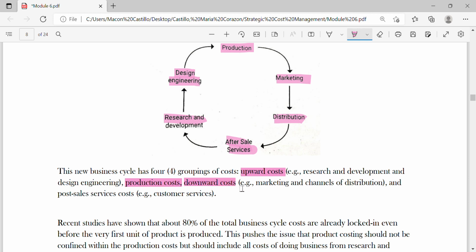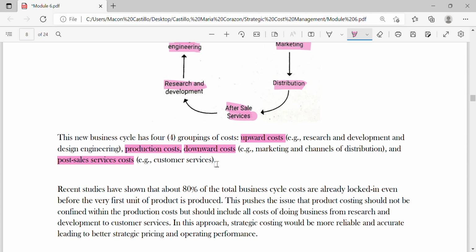Downstream costs are those related to ensure that the produced product will be converted into sales. It includes marketing and channels of distribution. And lastly, the post-sales services cost, including customer services.